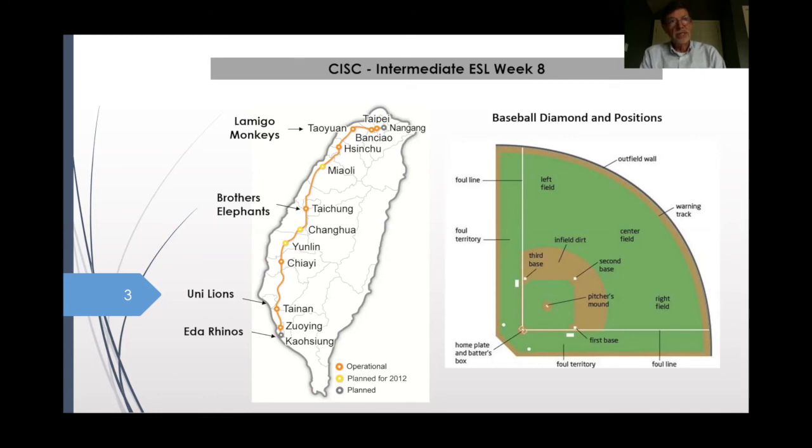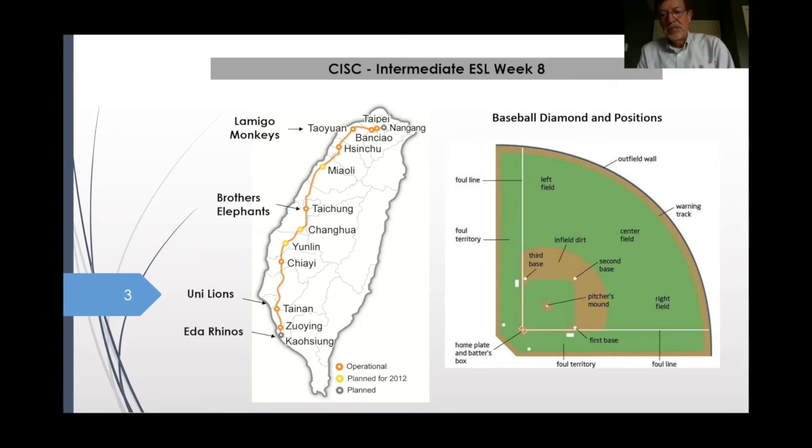I really enjoyed that city as well. Huni Lions down in Tainan. I'm sure not pronouncing these correctly. And then finally, the 4th team at the southern part of the island is the Edna Rhinos. And I spent a week down there in Kaohsiung. And I really enjoyed that city. In fact, I enjoyed all the cities in Taiwan. It was a little warm in Kaohsiung, I might add.